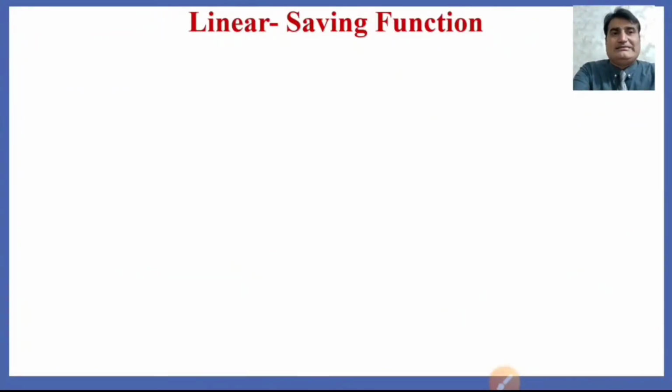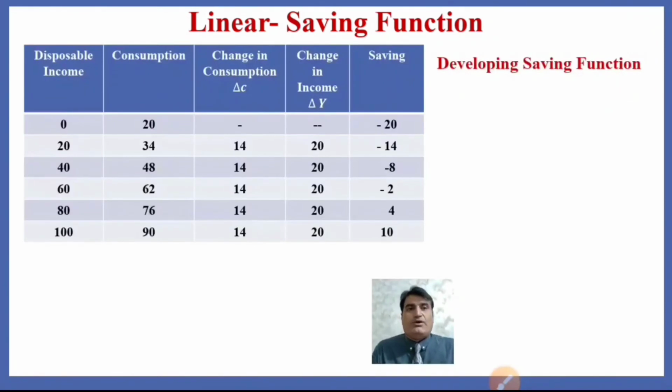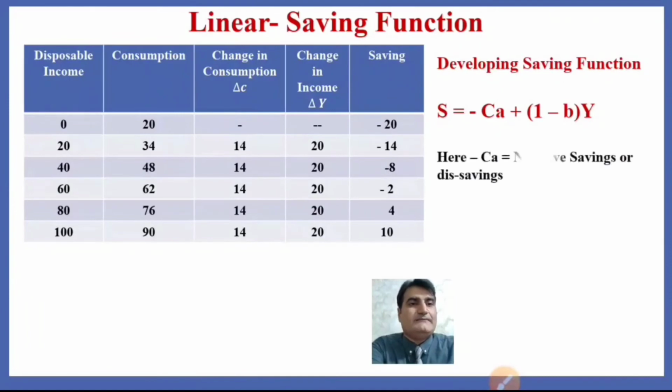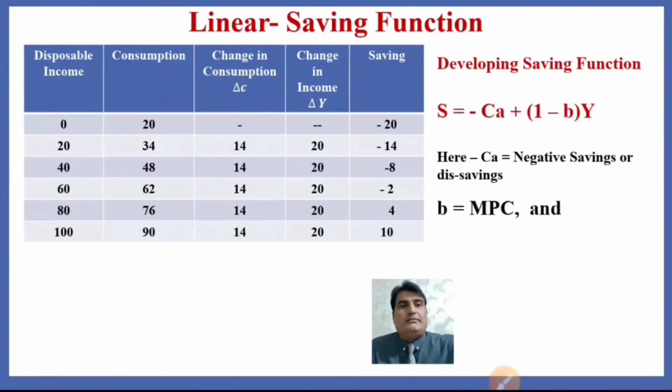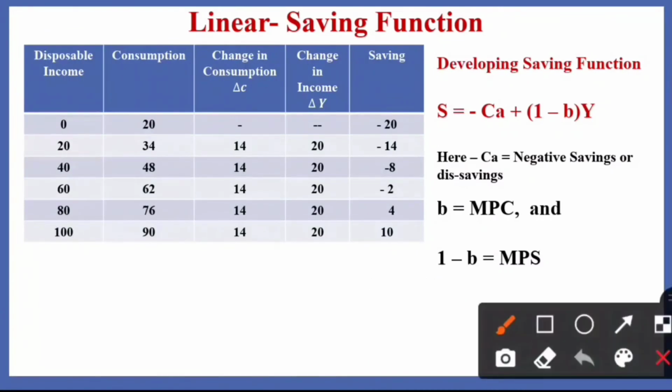Now the linear saving function. We are now going to develop the saving function. The saving function equation is minus CA plus 1 minus beta y. Here minus CA is negative saving or dis-savings, and beta is equal to the marginal propensity to consume, and 1 minus beta is equal to the marginal propensity to save.